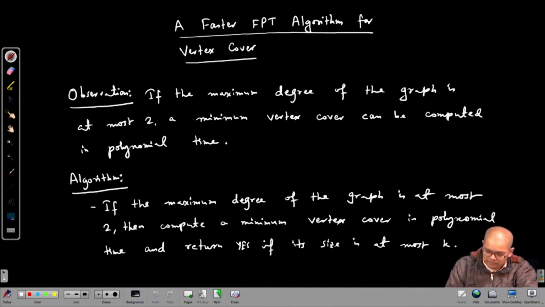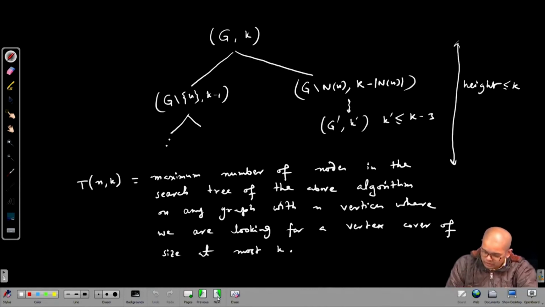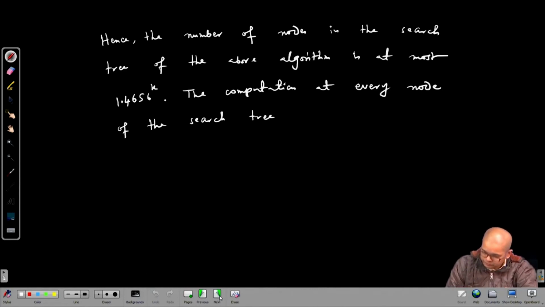So, let us go to the algorithm. At the base case, maybe we need to find a minimum vertex cover for a disjoint collection of cycles and paths, and the rest of the computation takes order n time. So, the computation at every node of the search tree takes order n time.